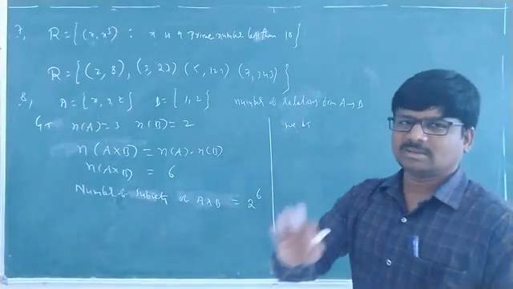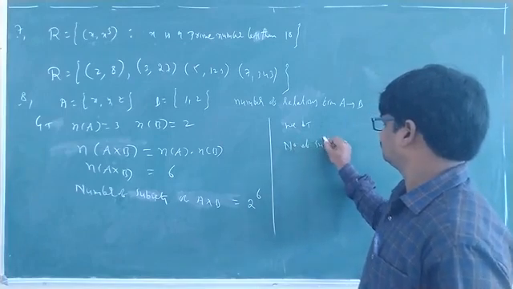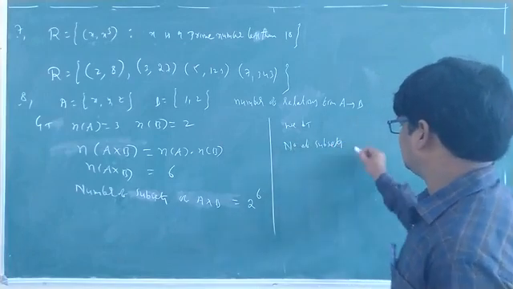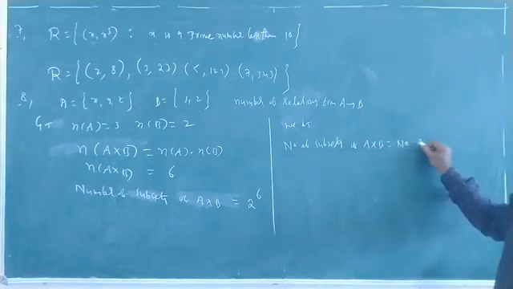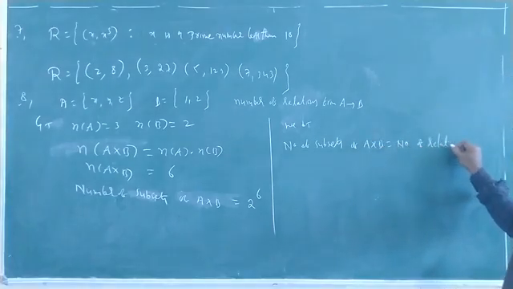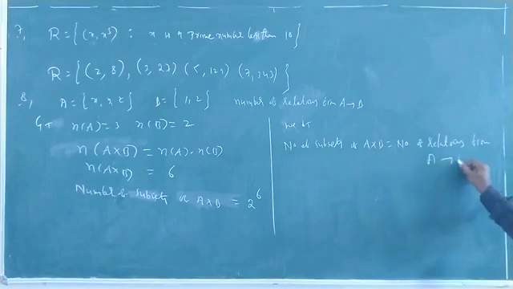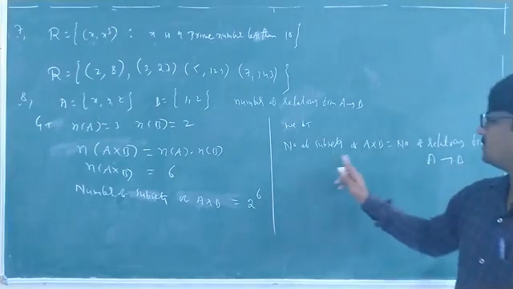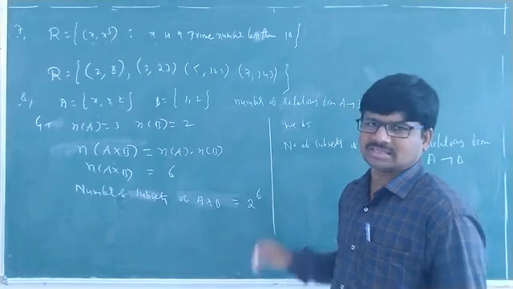The number of subsets of A cross B is equal to the number of relations from A to B. So the number of subsets of A cross B is 2 power 6.